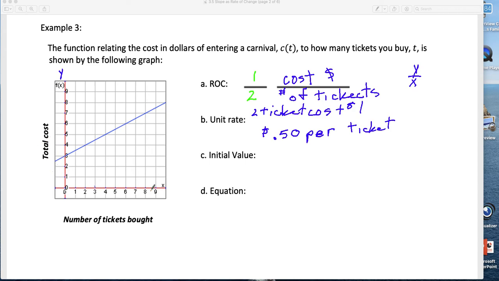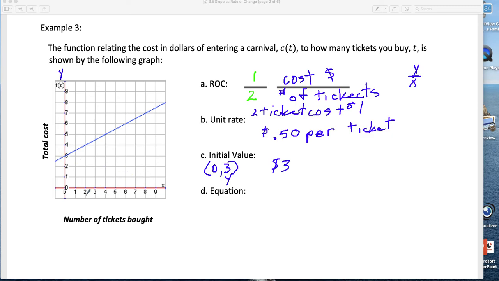Okay, my y-intercept is 0, 3, and I have to describe the initial value with units. This is a y. What are the y units? They're costs. So this says that my initial value is $3, because that's a cost in dollars. So what does that mean?